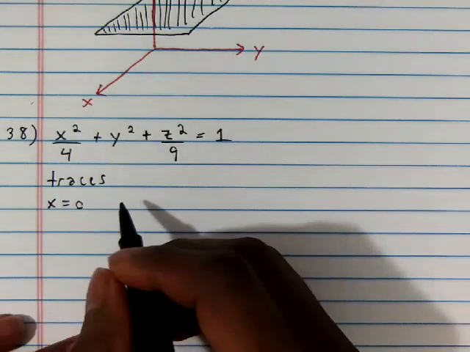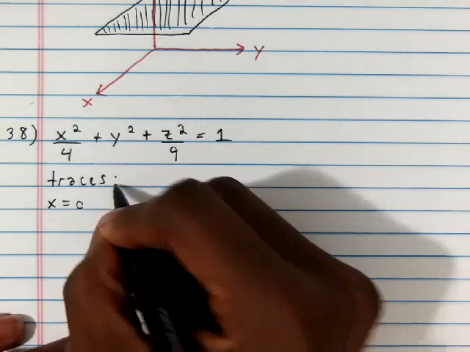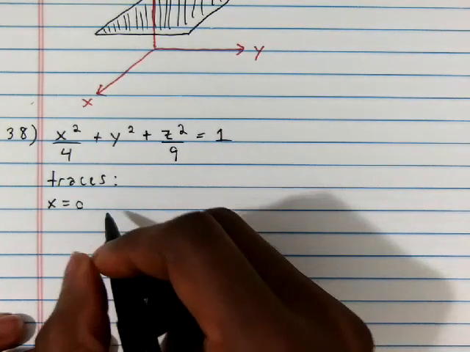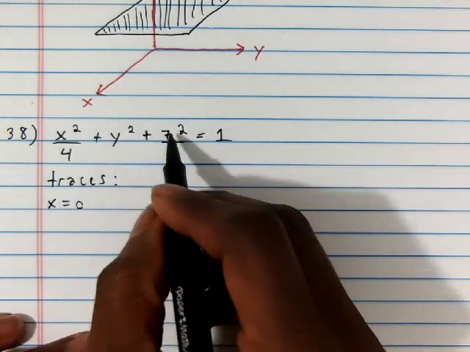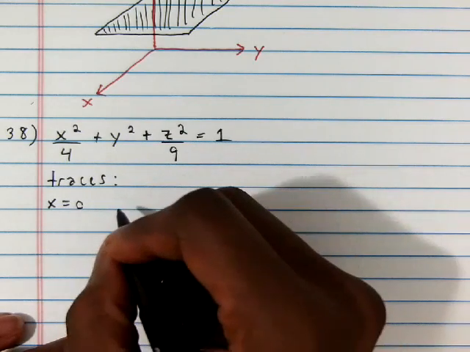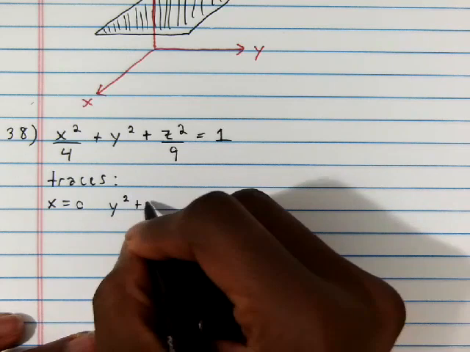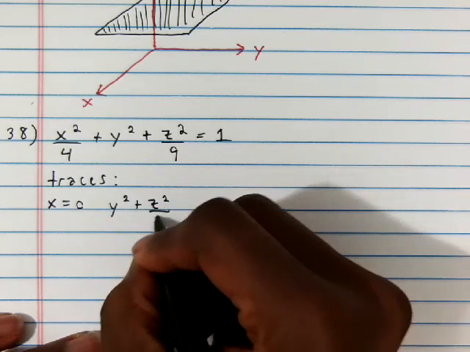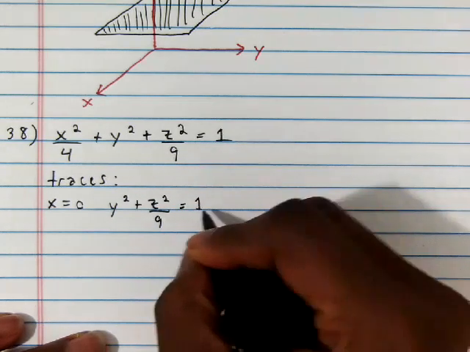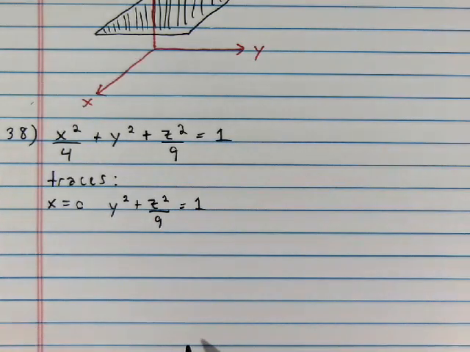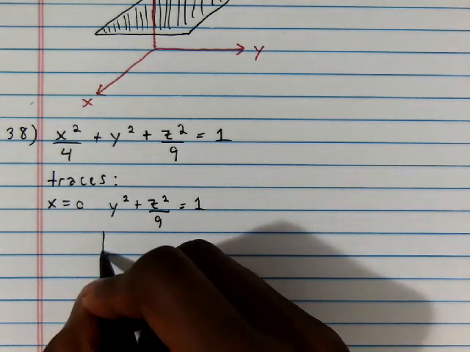Let's see. So x equals 0. What we'll get is y squared plus z squared over 9 equals 1. And that is an ellipse. Let's just sketch that ellipse here.